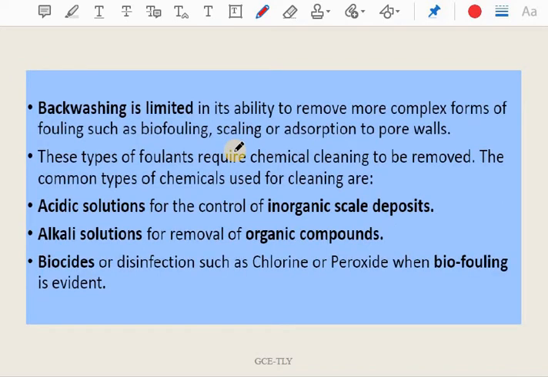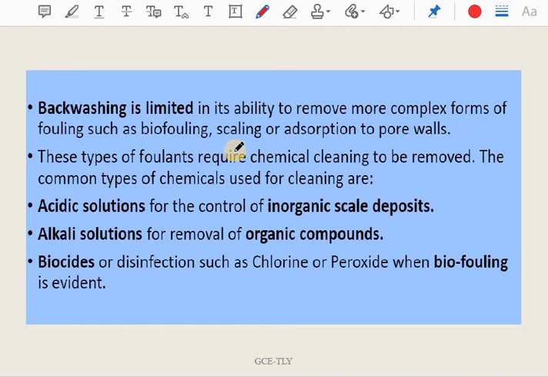Anyway, backwashing has some limitations. Its ability to remove complex forms of fouling, such as biofouling, is less, and scaling could also not be removed by backwashing, and adsorption will still be there after backwashing. So these types of foulants need chemical treatment for removal. That is, chemical cleaning should be performed to remove such foulants.